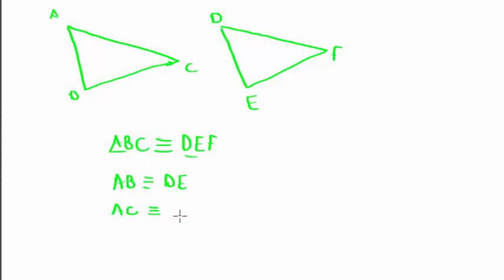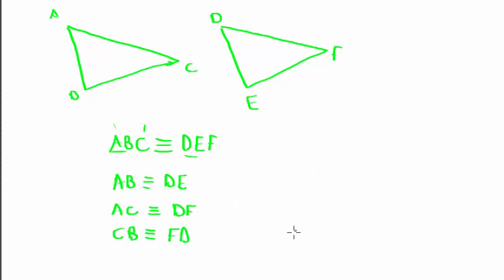AC is congruent to DF, and BC, or let's say I called it CB, is congruent to FD. Understand? Okay. Do you get what I mean by congruency?